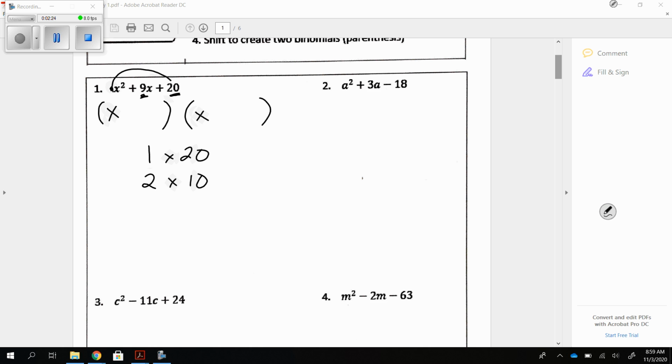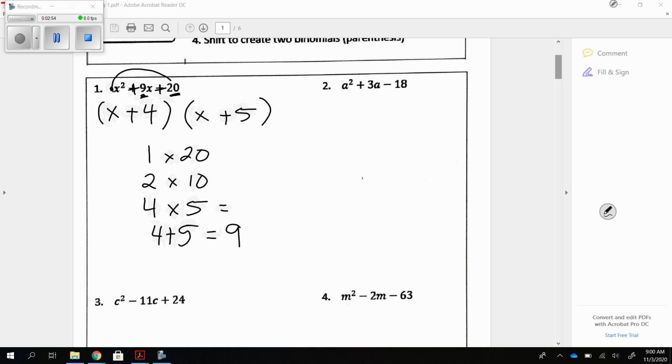Nope. 3, nope. 4 times 5. Oh wait, we see 4 times 5 equals 20, and also 4 plus 5 would equal 9. So we know right away, with the equation all being plus, it's really easy. x plus 4 and x plus 5, and that is our answer.